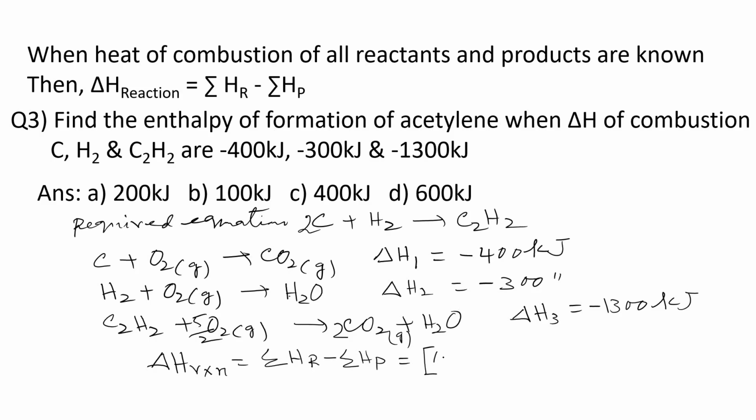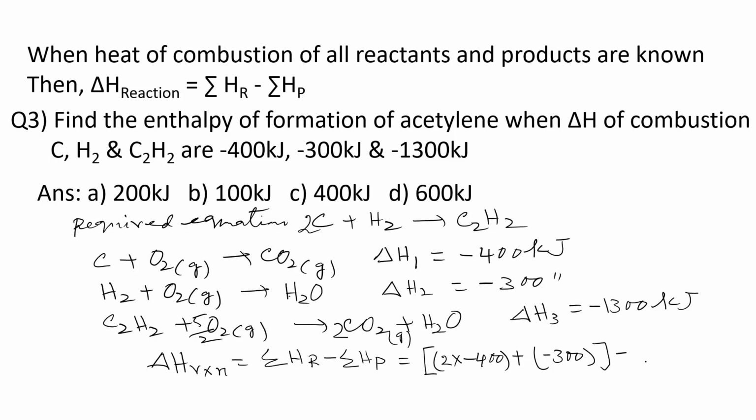So it is 2 into minus 400 plus another reactant, hydrogen. Hydrogen value is minus 300, only 1 mole. So it is minus 300. Okay, and the product is acetylene. What is the value of acetylene?